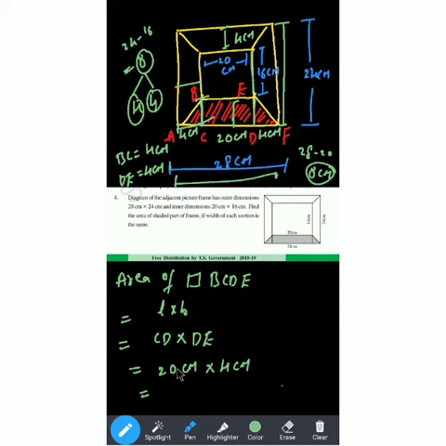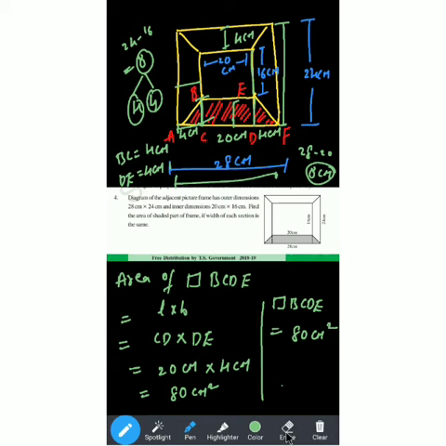So 20 into 4 is 80 centimeter square. So the area of rectangle BCDE is 80 centimeter square.